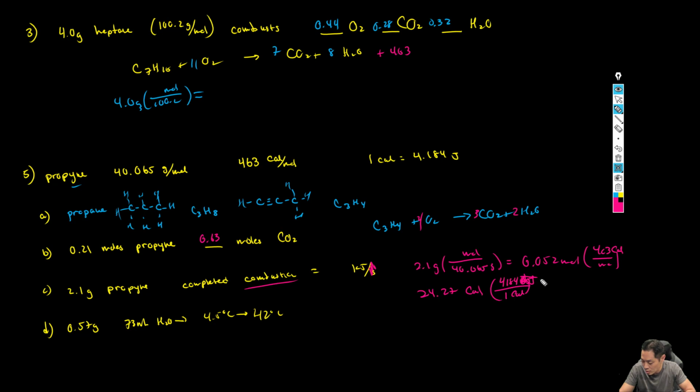So 24.26 times 4.184, I get 101.537, so 102 kilojoules.